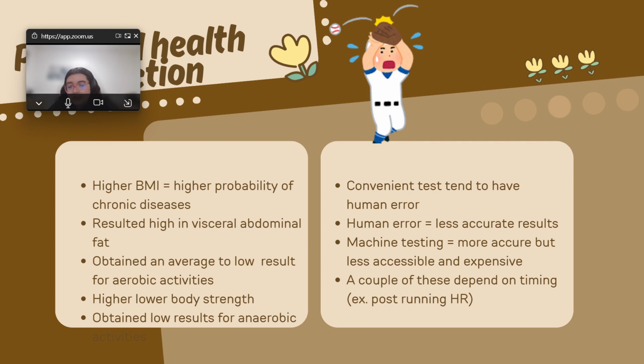On the other hand, I scored higher in our lower body strength for the anaerobic tests. But for the hand grip test, I resulted low, which just means I have lower upper body strength.